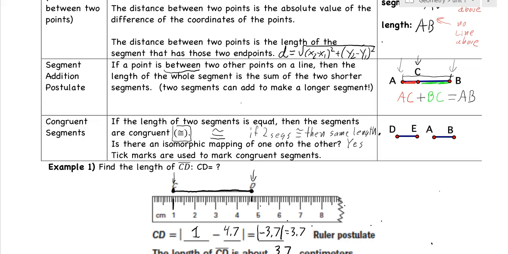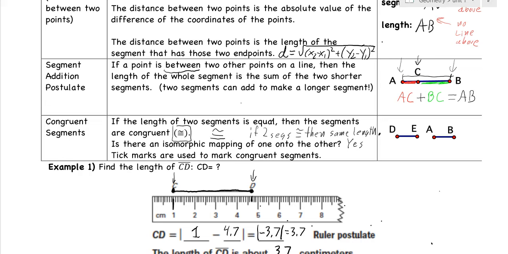The isomorphic mapping, we know, keeps the lengths and the angle measures the same. Well, in segments, are there any angle measures? There are no angles because it's just a segment. And so the only thing we have to worry about is it keeping the same measure. And that's the very definition of congruent segments.